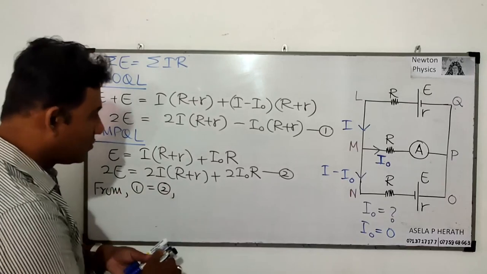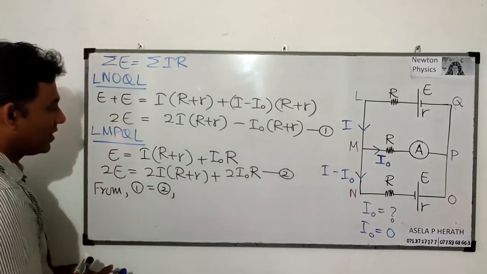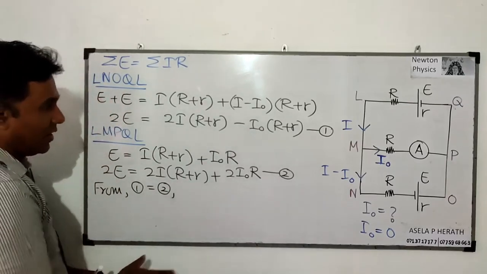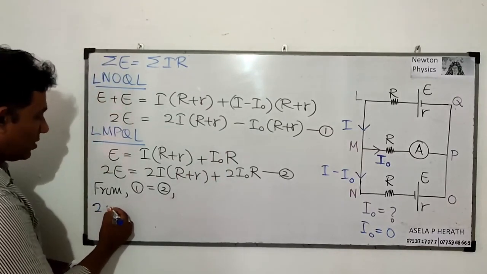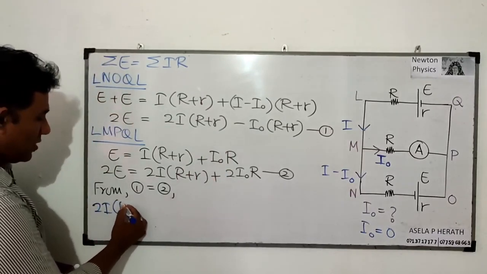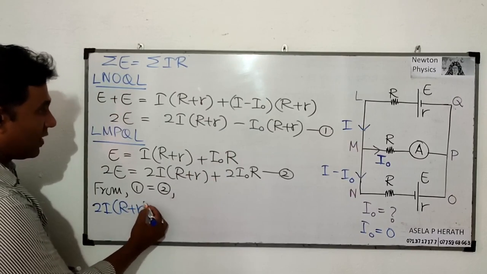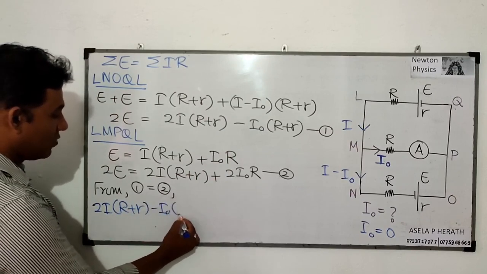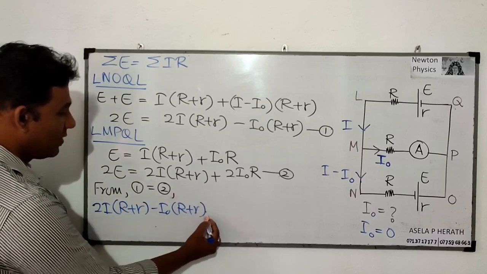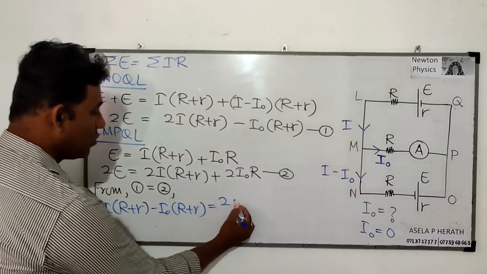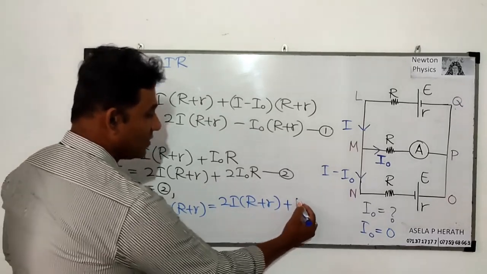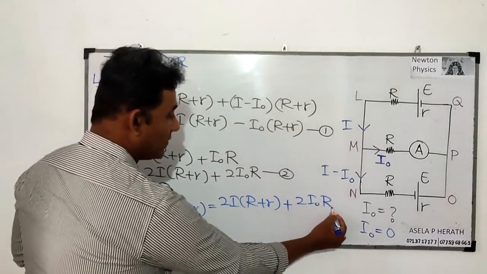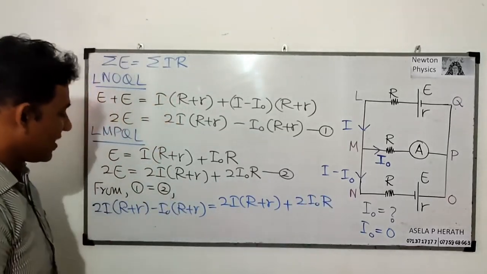From 1 equals 2, I write all the terms: 2I into R plus simple R minus I naught into capital R plus simple R equals 2I into capital R plus simple R plus 2I naught R. Now what terms can I cancel here?